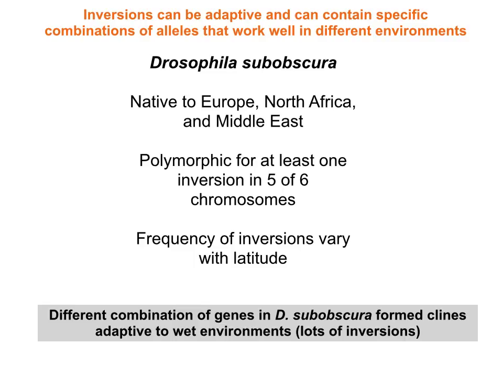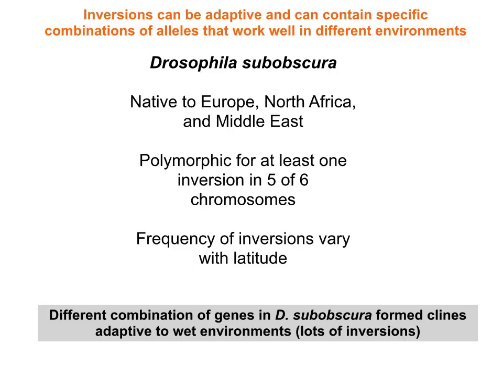It's a great combination. Let's keep it. What we see in Drosophila subobscura is that when we look at their genomes, they are polymorphic, meaning some chromosomes have inversions in 5 of 6 chromosomes. There are a lot of inversions. 5 of the 6 chromosomes have some inversions. That doesn't mean that all of the chromosomes have those inversions.